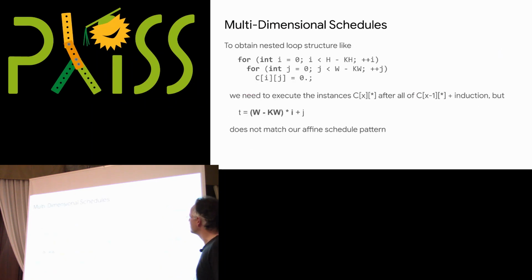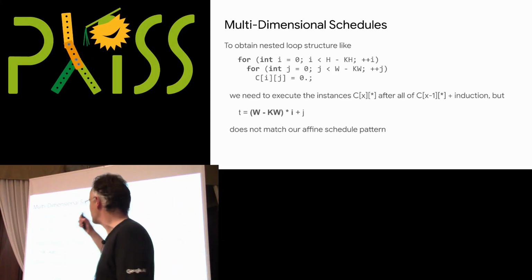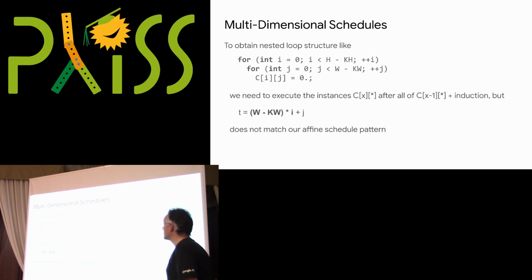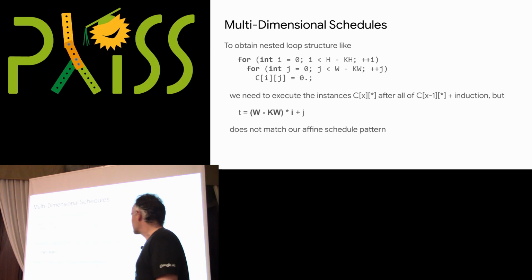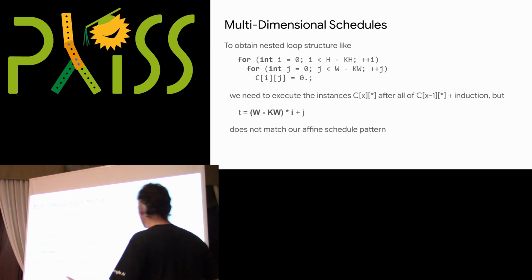So the trick is to use multidimensional time. The abstraction for time is not these linear logical time steps; it's a multidimensional one. For example, to model nested loops, you can think of i and j as hours and minutes, or days and seconds, or whatever. Except that you don't know how many minutes there are in an hour, or how many seconds in a minute. You just say this is fastest varying, and this is slower varying.